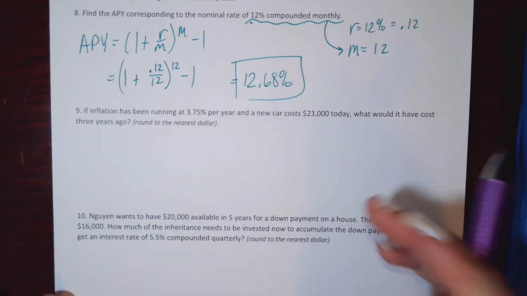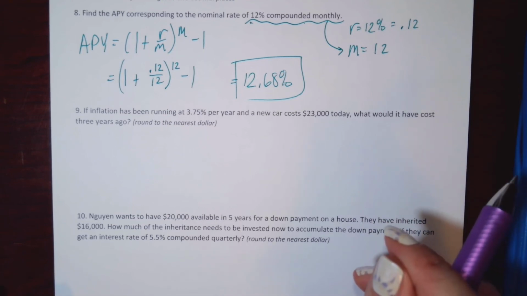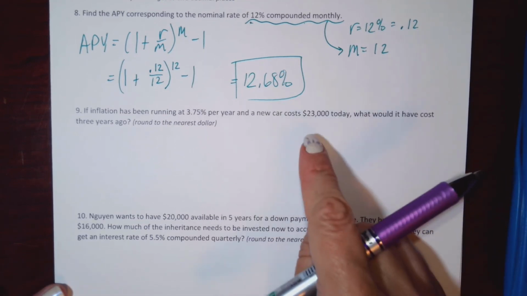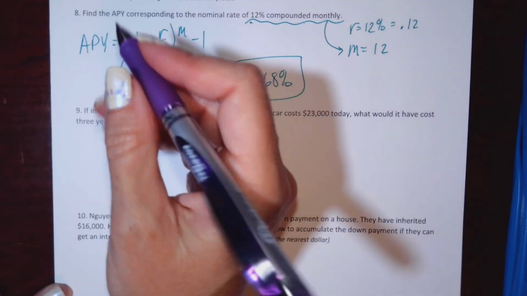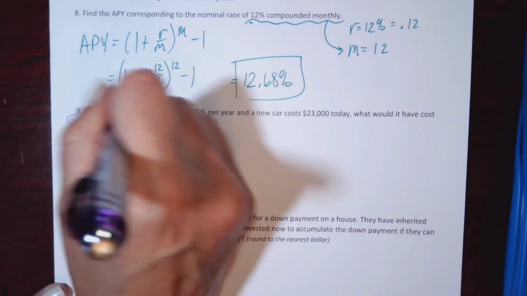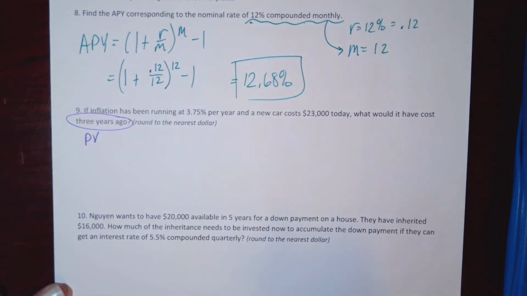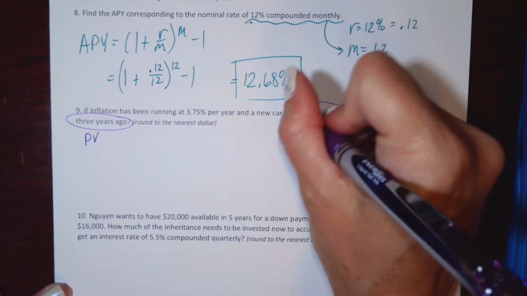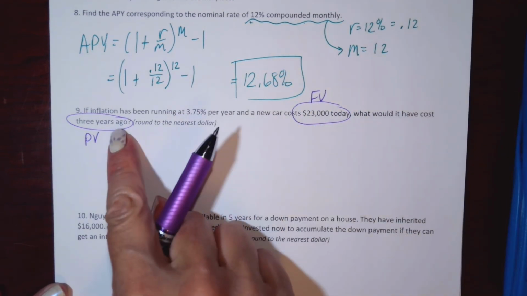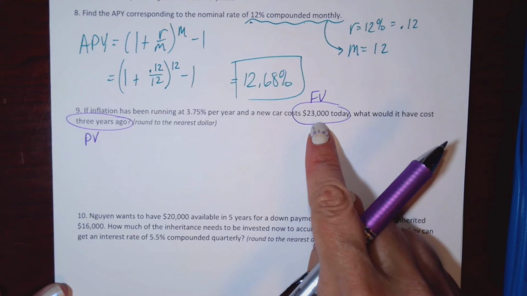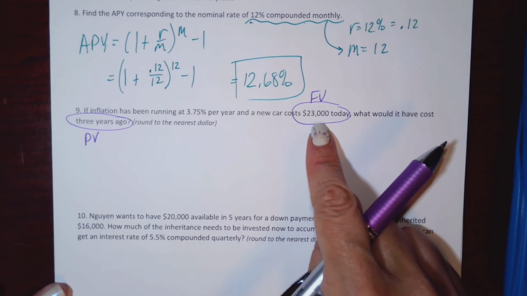Well, here's where my FV and PV gets a little confusing. If we're interested in 3 years ago, that would be my previous value, or present value. $23,000 today is the end. So this is what I started with, and this is the amount at the end. You kind of have to wrap your head around moving the things in the right direction to get them labeled.